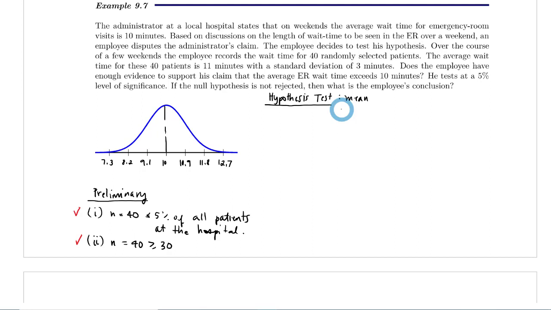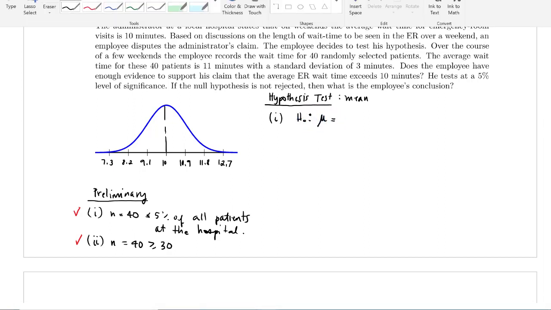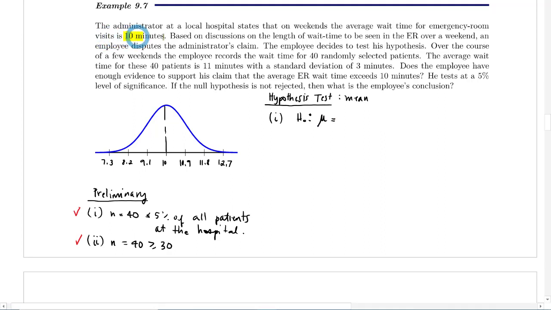Okay, so the first step in a hypothesis test is always to determine what is the hypothesis, right? So the first one is the status quo. So status quo says that population mean wait time in an emergency room is just 10 minutes, right? So that's status quo.